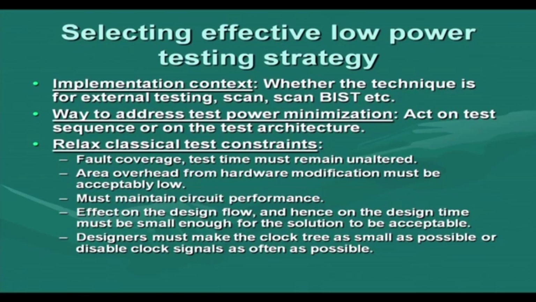If we are allowed to modify the test architecture, like scan chain modification using mixed D and T flip flops, or scan cell reordering, or putting a mask between the scan chain and the circuit, that is one possibility. If those things cannot be touched, then we have to work on the test vectors, and there we have options like test vector reordering, compression, and compaction. So, these are the various avenues that we can try out.